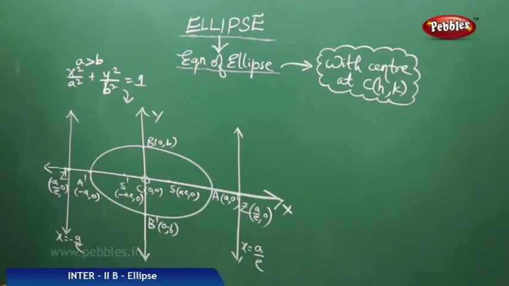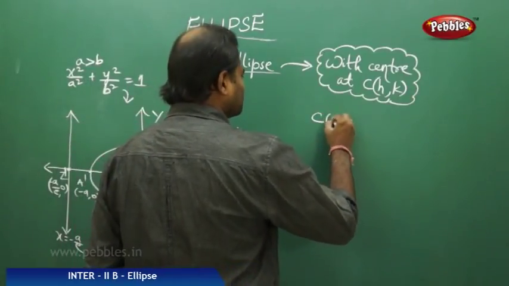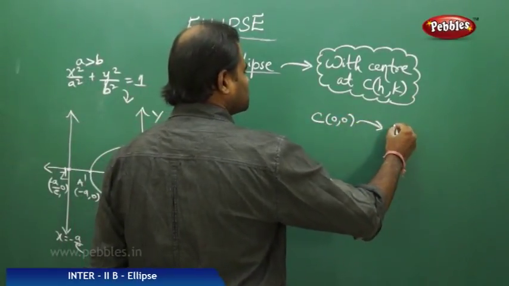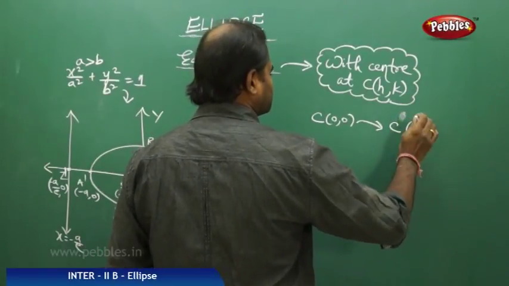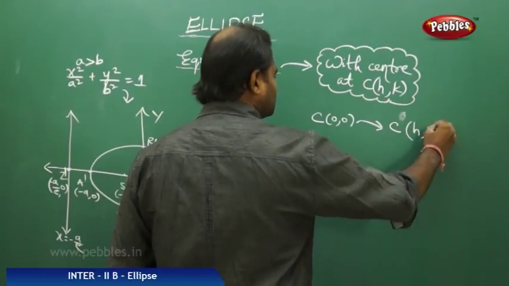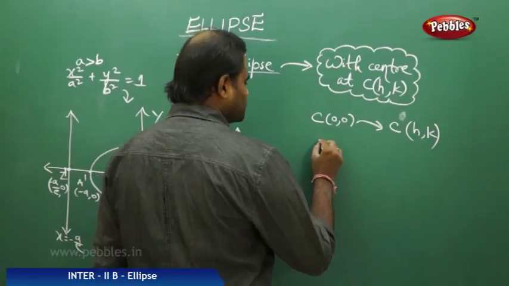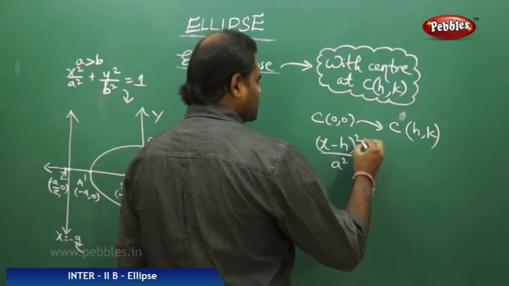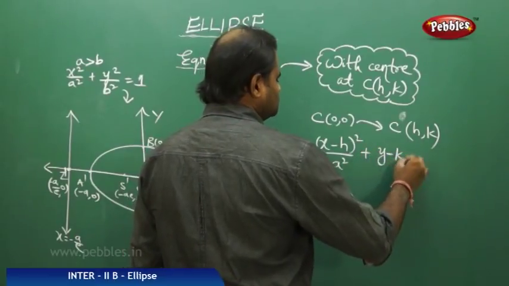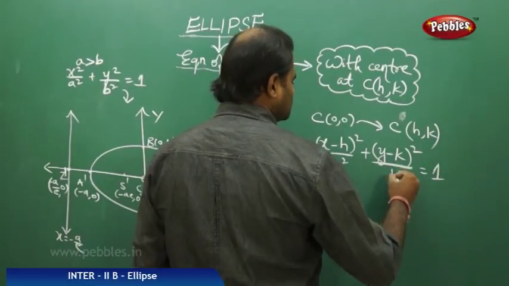Now let's compare this with the transformed equation. If the center origin is transformed to say the new center (h, k), then the equation of the transformed ellipse is (x minus h) whole squared by a squared plus (y minus k) whole squared by b squared equal to 1.